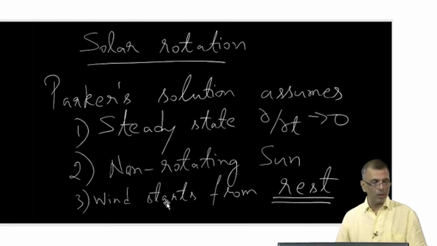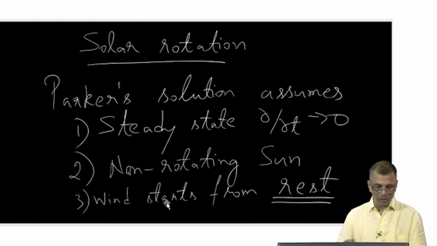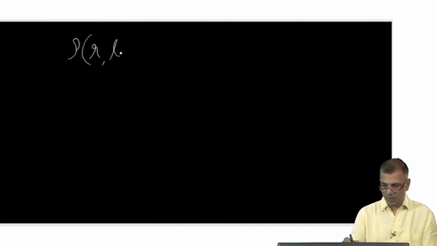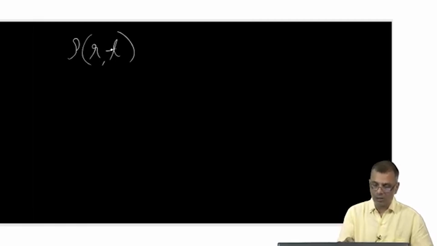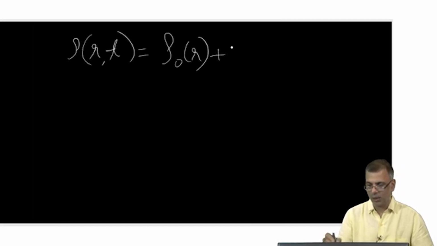Let us write the density as a function of radius, and now instead of taking a strictly stationary solution, let us allow the density to be a function of t in the following manner. The background density is still steady state, but we introduce a small perturbation.